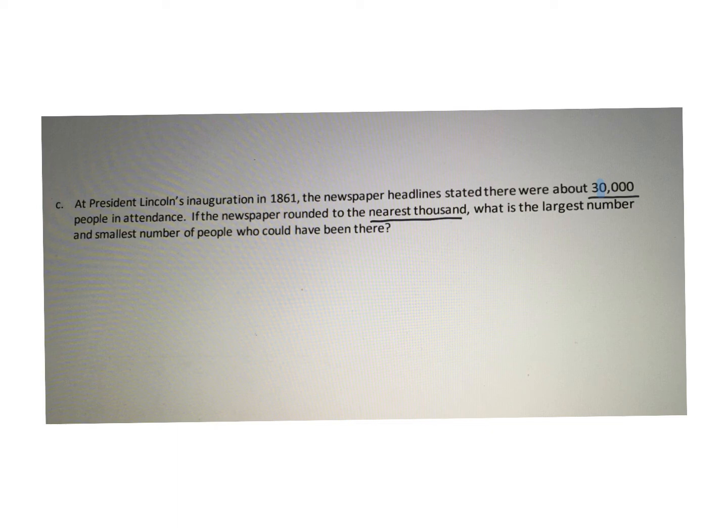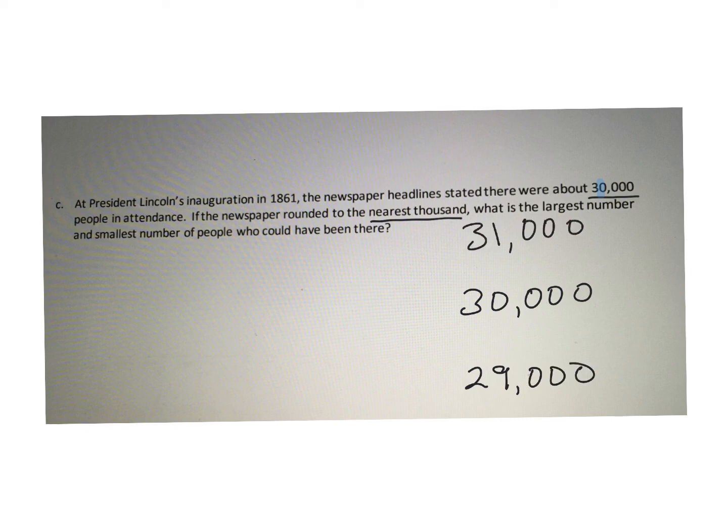So let's think about counting by thousands here. So we have 30,000, and 1,000 less would be 29,000, and 1,000 more would be 31,000. Okay, so it's going to be halfway between here and halfway between these. Halfway would round down to 30,000, and this halfway, 29,000, would round up to 30,000.